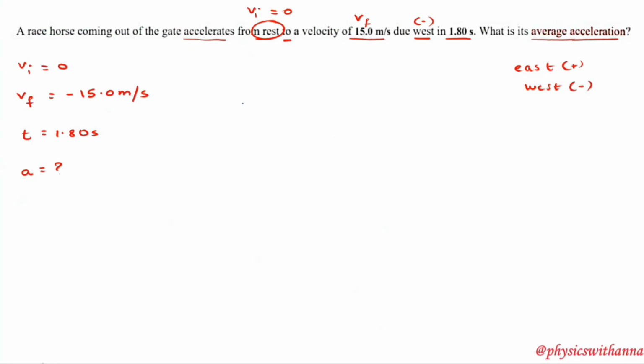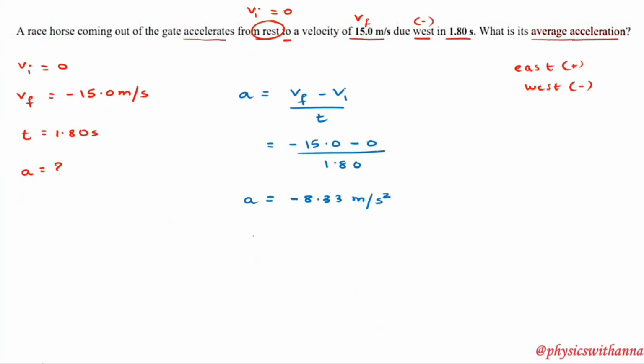Now we can directly apply the rule of average acceleration, which is A equals V final minus V initial over time t. So V final here is negative 15.0, V initial is 0, time t is 1.8. That gives me acceleration to be equal to negative 8.33 meter per second squared.